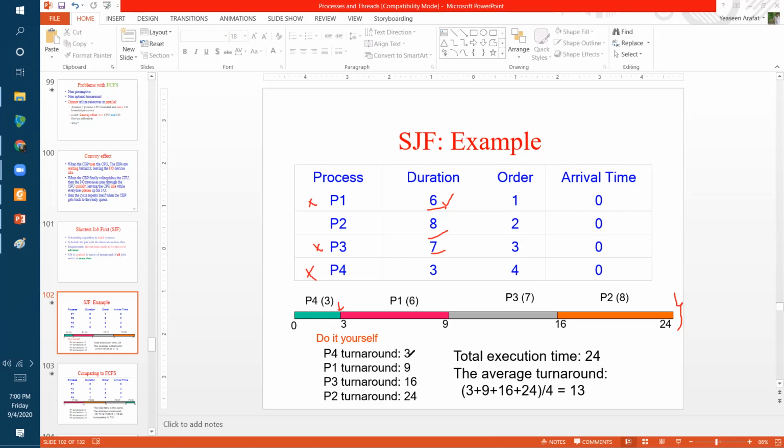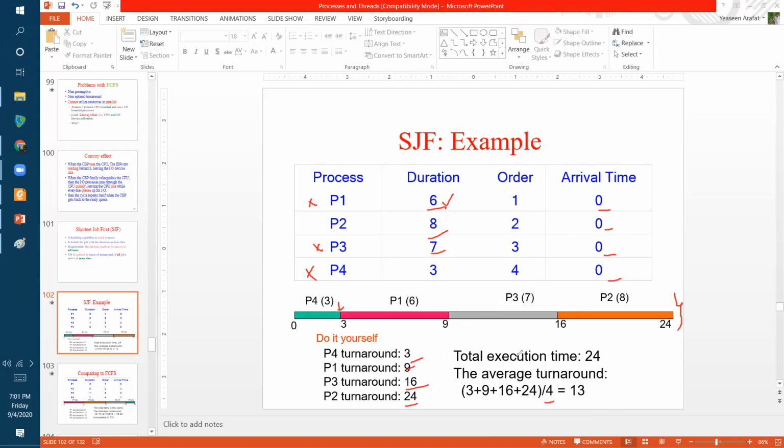So for P4 3 minus 0, for P1 9 minus 0, for P3 16 minus 0, and for P2 24 minus 0, because for each process the arrival time is 0. So it is 3, 9, 16 and 24. The average turnaround time will be the sum of all turnaround values divided by 4, because the number of processes is 4.